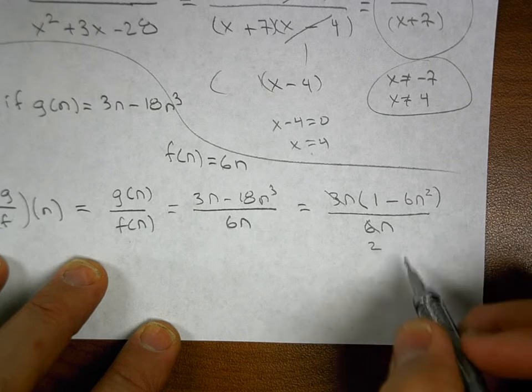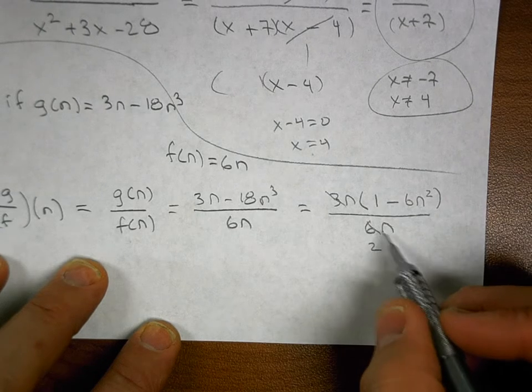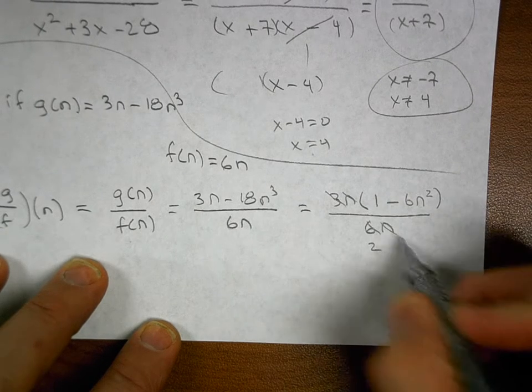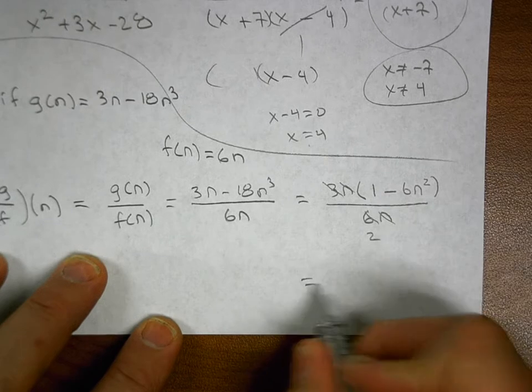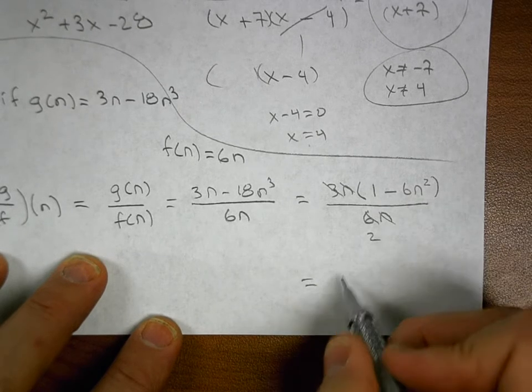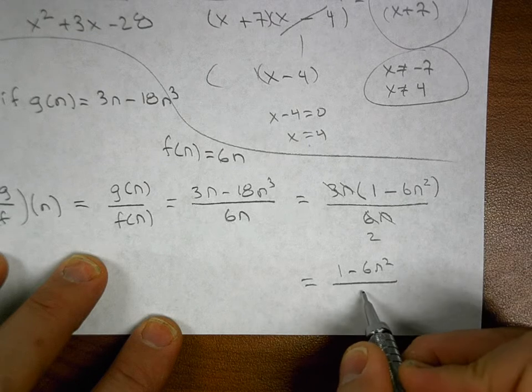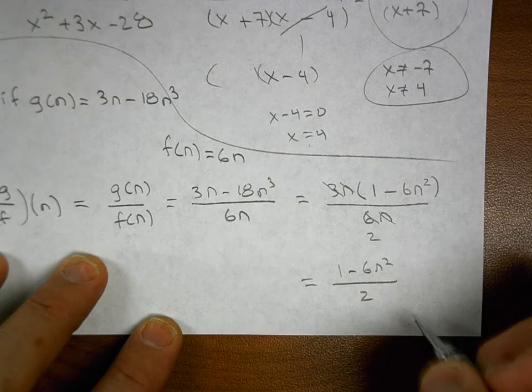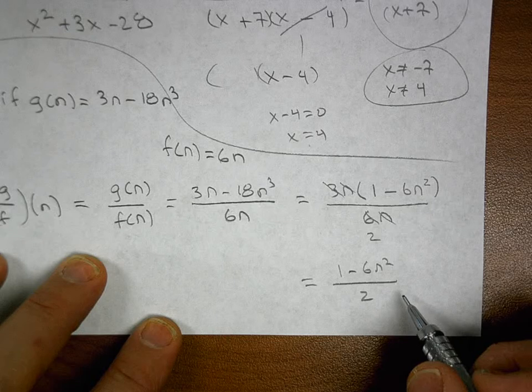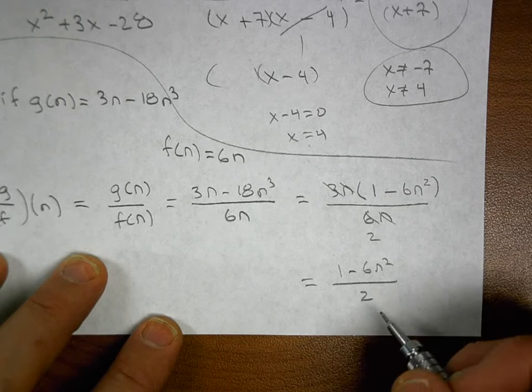Do those cancel? Yes. So n's cancel. So our answer, reduced, is 1 minus 6n squared all over, well, the n's canceled, so 2. And there we go. Is that all there is?